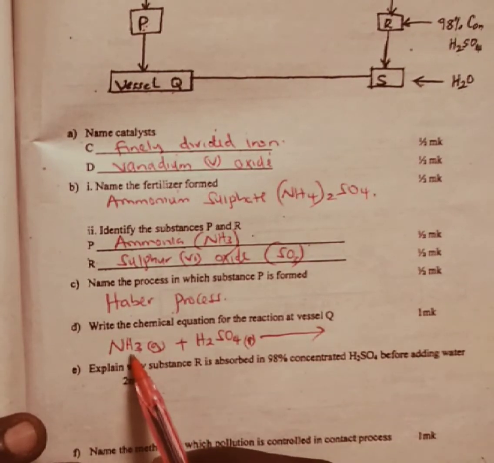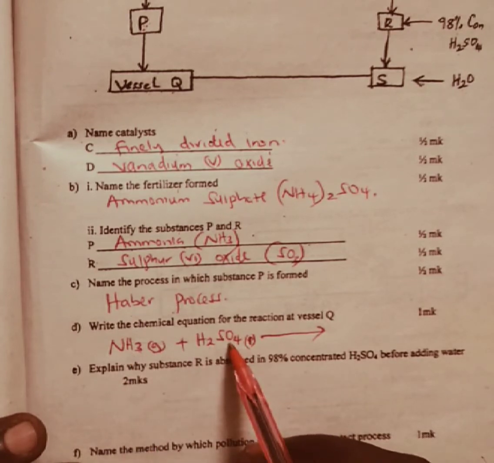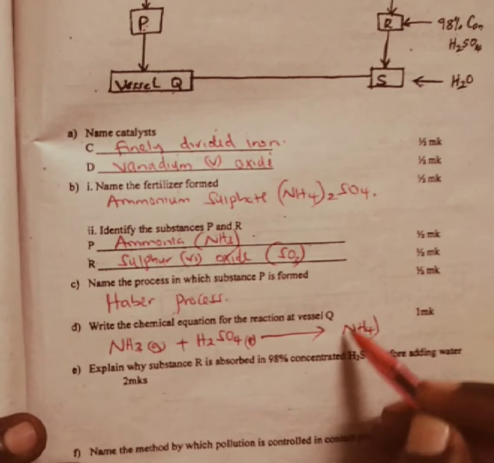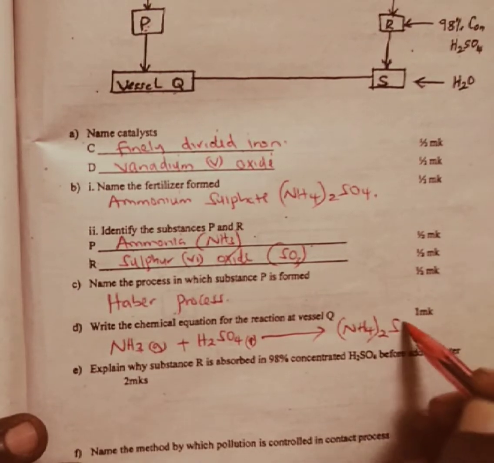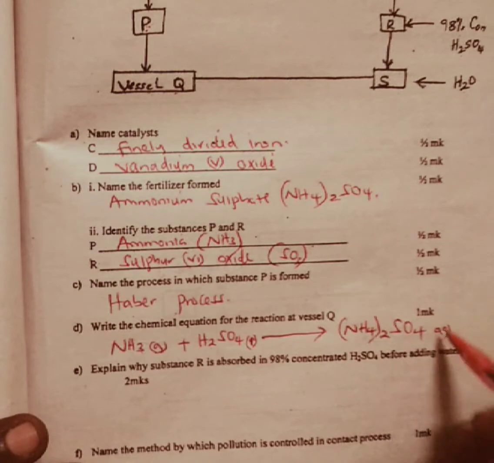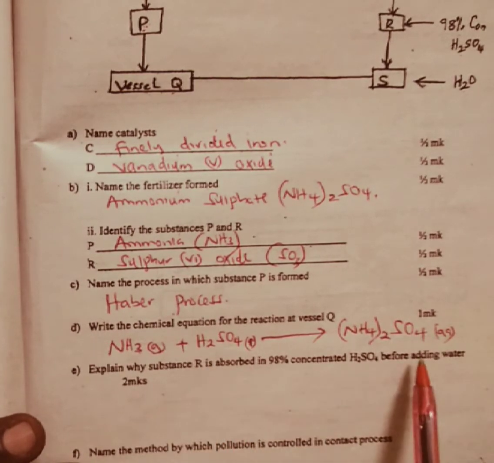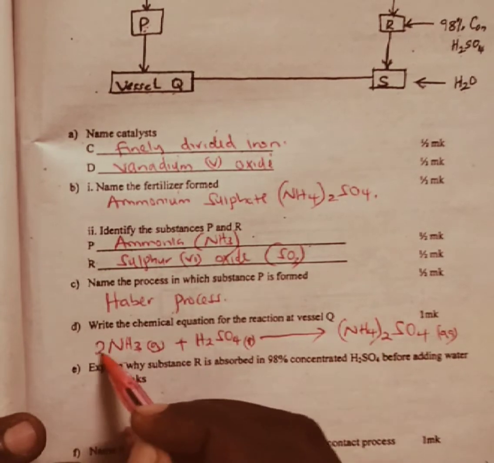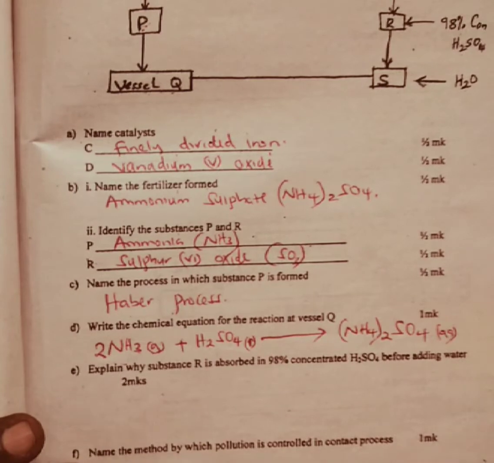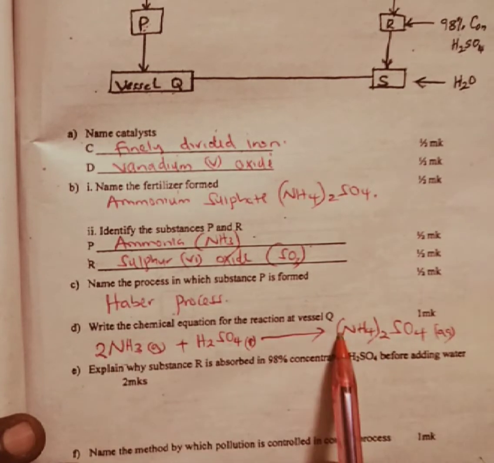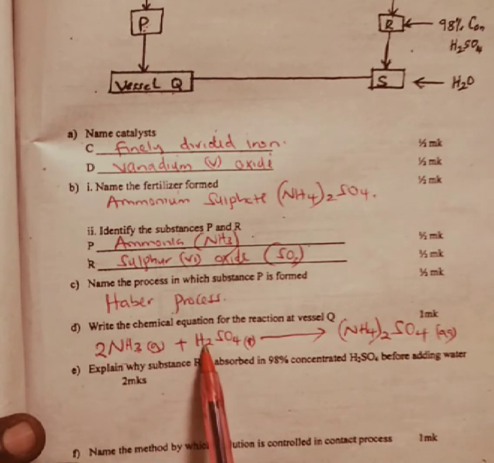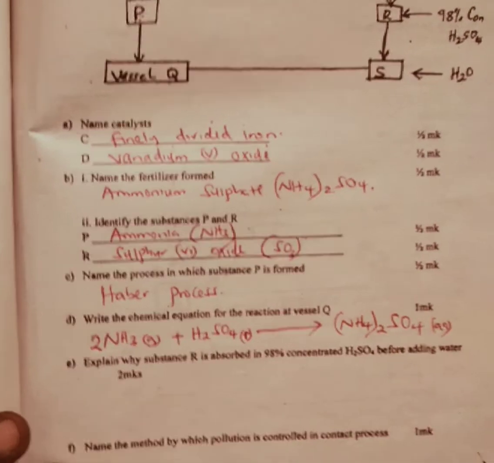So the reaction between ammonia and concentrated sulfuric acid produces ammonium sulfate, which is aqueous. And in this case now, we can balance the equation. We have to put 2 here, so that we have 2 nitrogens. We have 8 hydrogens on each side, and the equation is automatically balanced.